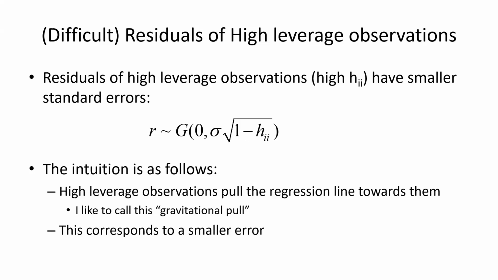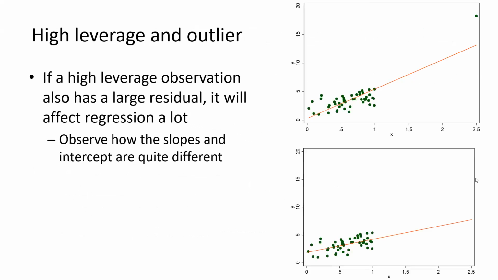The intuition is as follows. Going back one slide, a high leverage observation has the ability to pull the regression towards it, right? So here we have the regression line, and by adding a high leverage observation, we have the potential to pull it towards it, or the ability to pull it towards it.